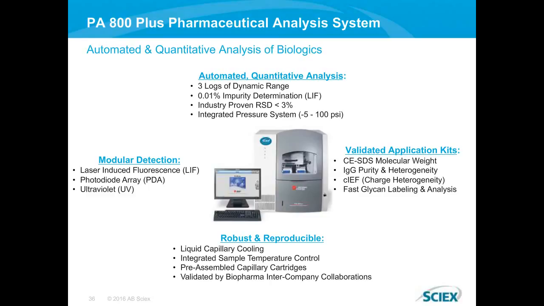And then modular detection, you can choose between UV, PDA, and LIF detection. So again, this system is really what enables us to make those changes and optimizations to run your assays faster and continue to get quantitative data.